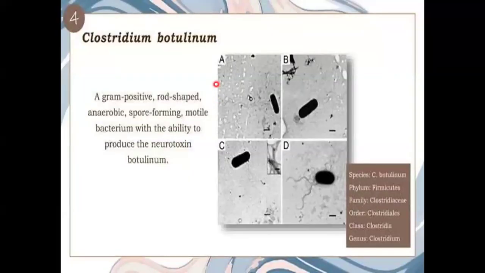Botulinum. So, Clostridium botulinum is a gram-positive, rod-shaped, anaerobic, spore-forming, motile bacteria with the ability to produce a neurotoxin, botulinum toxin.